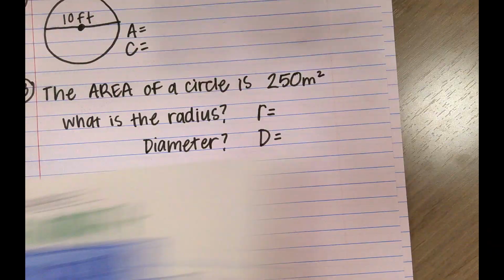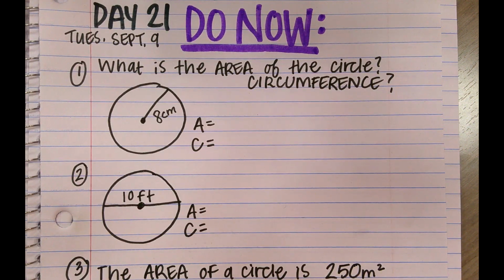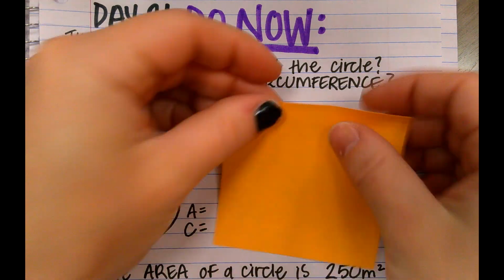So let's look at the do now problems. For number 1 and 2, you're going to find area and circumference. So the first thing I'm going to do is I'm going to write my formulas on a sticky note just so that I can carry them over to this page.